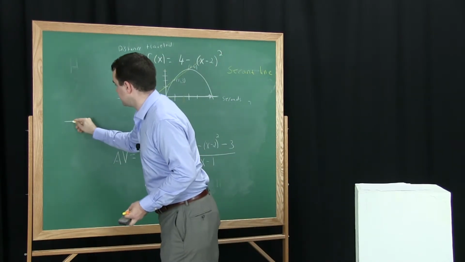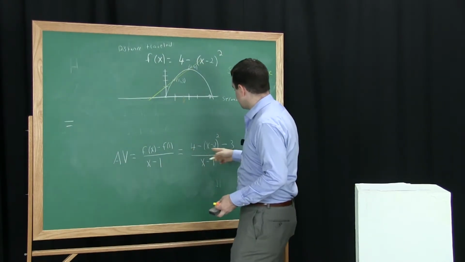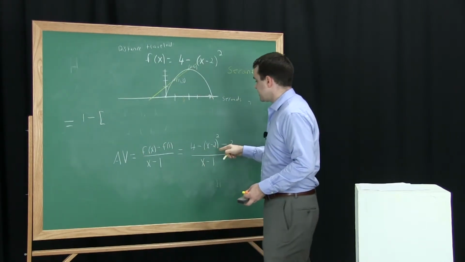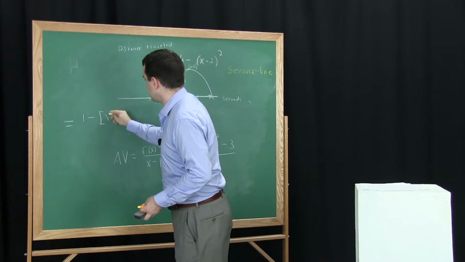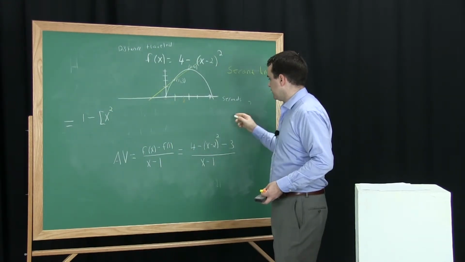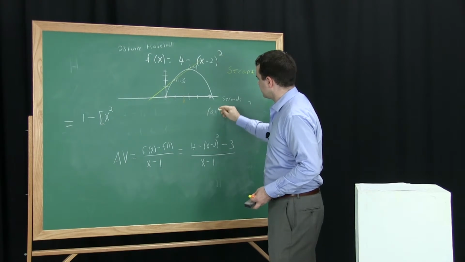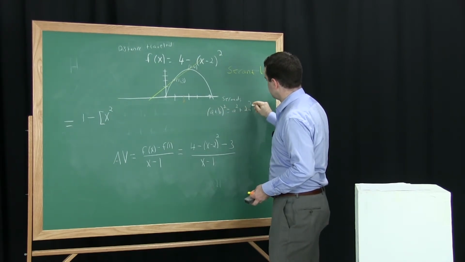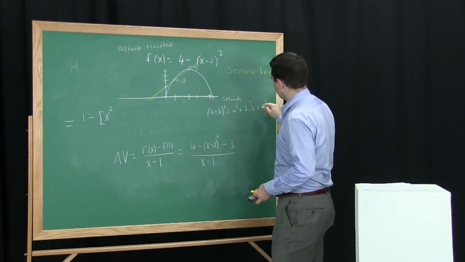So let me continue on over here. I can expand that out. So the 4 minus 3 gives me 1. And then minus x minus 2 squared, that's going to be x squared. And then remember this formula? A plus b squared equals a squared plus 2ab plus b squared.